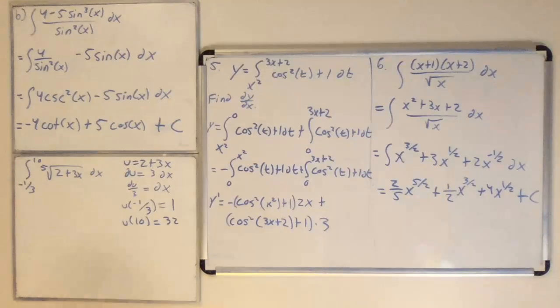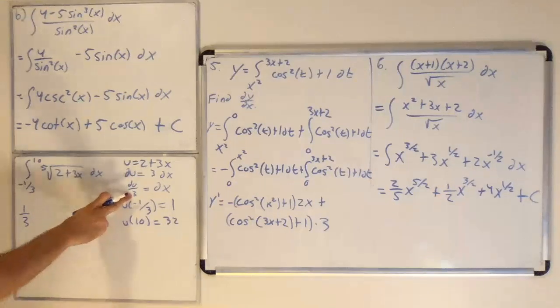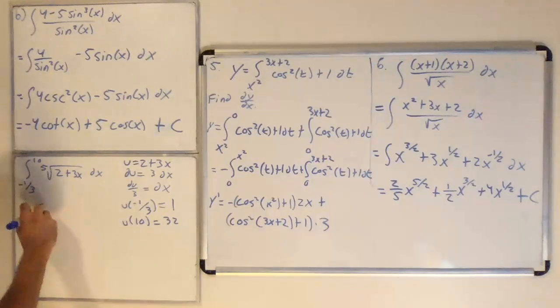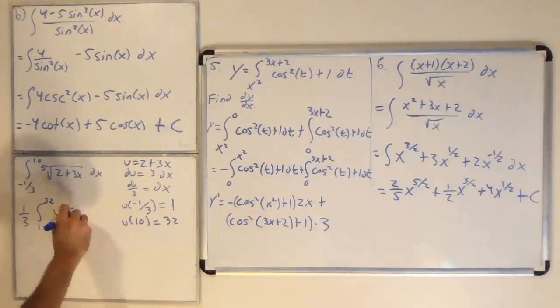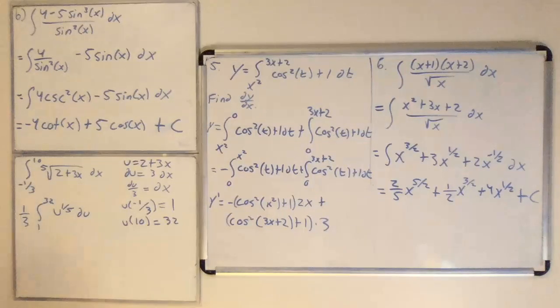Okay, so our integral is 1/3, right? That came from here. 1/3 the integral from 1 to 32 of u to the 1/5 du.